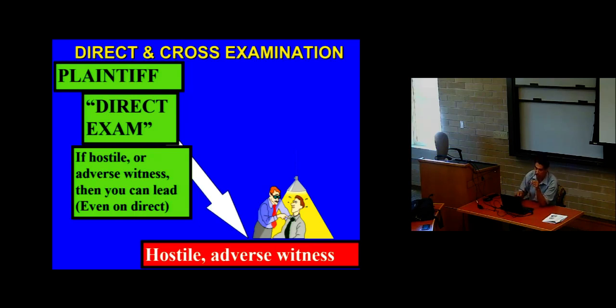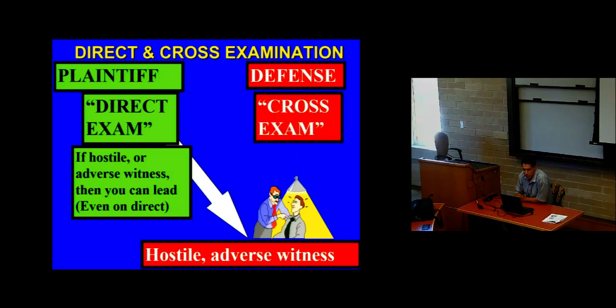But if you have a hostile or adverse witness, then it's like what would otherwise be a cross-exam because it's hostile, but since you're calling them, it's still a direct. And notice the defense, they would be doing a cross-exam just like you would be doing a direct, and I put those in quotes because even though it's a cross-exam and a direct exam, it's sort of inverted.